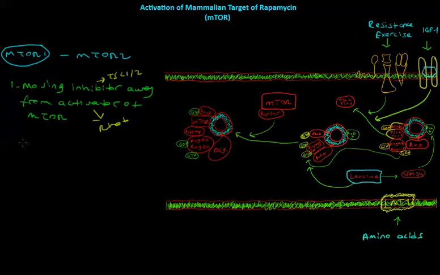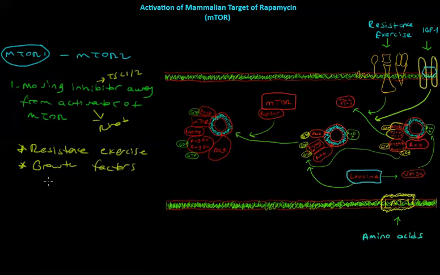So what should we do in order to move inhibitor away from activation side of mTOR? First thing is resistance exercise, and second thing is growth factors. So what kind of growth factors?